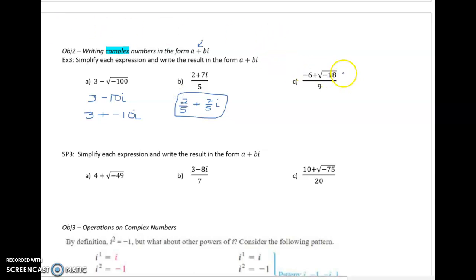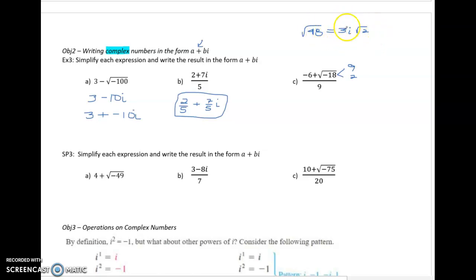On C, this is a little bit more like what it's going to look like when we do quadratic formula. First thing we need to do is see if there's any perfect square factors on 18. And there's 9 and 2. So the square root of negative 18 is 3i radical 2.